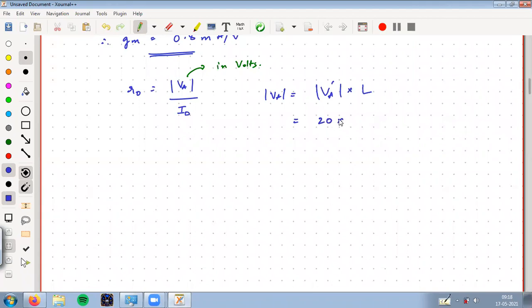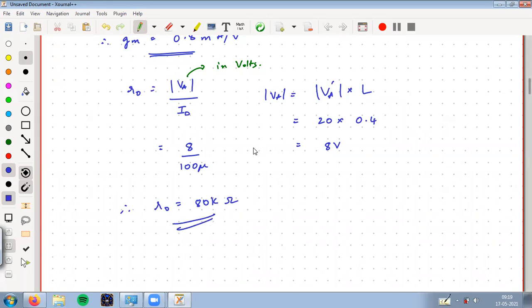So 20 into the length 0.4 will turn out to be 8 volts. So this is actually 8 divided by ID. ID is 100 microamperes. Therefore R naught here is 80 kilo ohms.